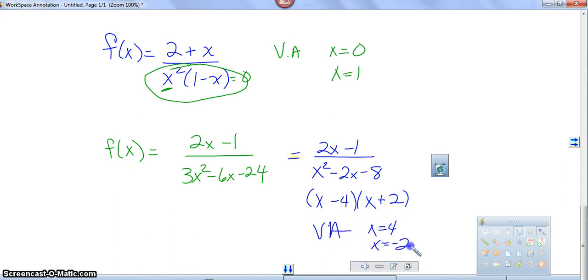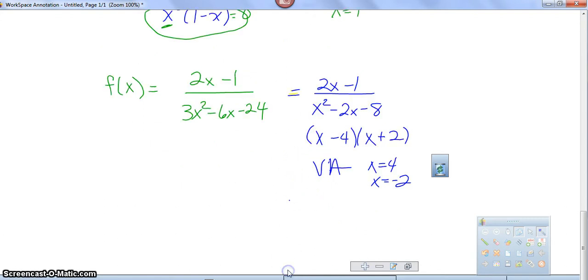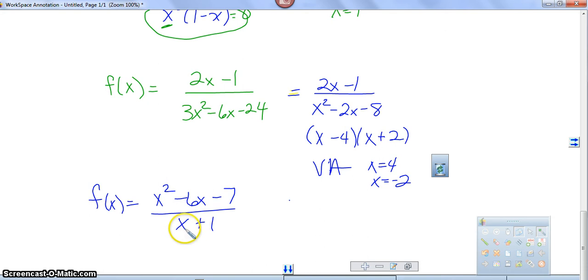Why do I keep wondering if stuff cancels? Well, not always is there a vertical asymptote. For example, if f of x equals x squared minus 6x minus 7 over x plus 1, it looks like we might have a vertical asymptote at negative 1. But in reality, if I factor the numerator, I get x plus 1 times x minus 7.